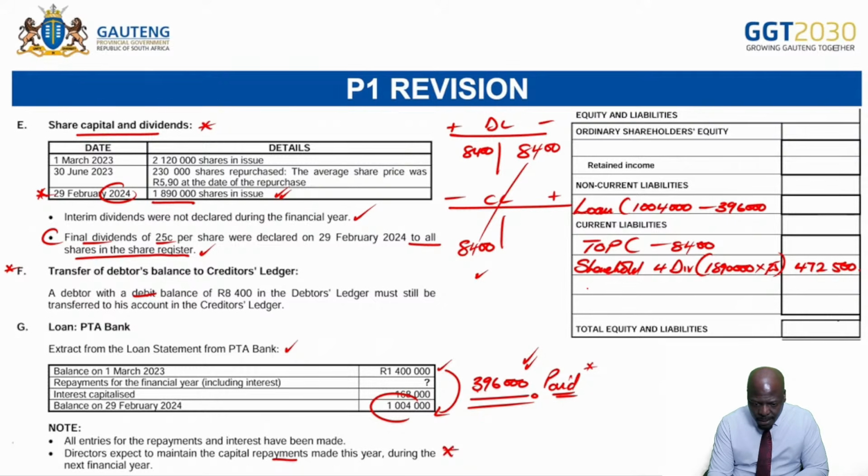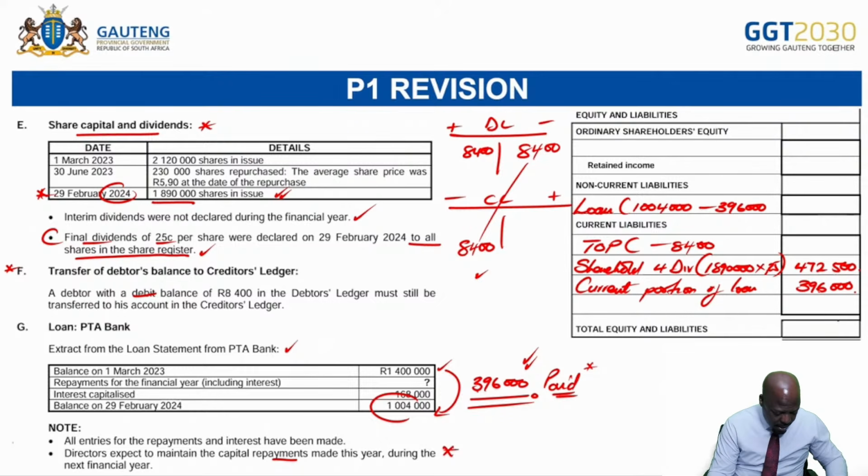And the 396,000, I bring it here and I call it short-term loan or current portion. Current portion of loan, that is 396,000. Okay. That is how I would do that one.